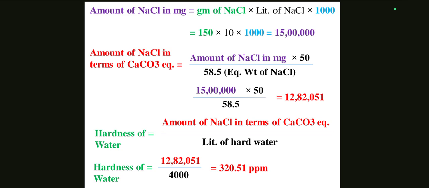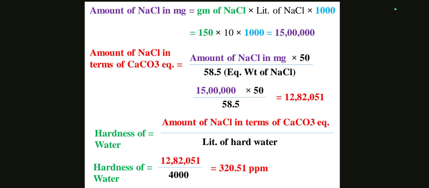So here you will get the amount of NaCl. Now second formula, in terms of CaCO3: the answer we got in the first formula, multiply by 50 divided by 58.5, you will get the amount of NaCl in terms of CaCO3 equivalent.